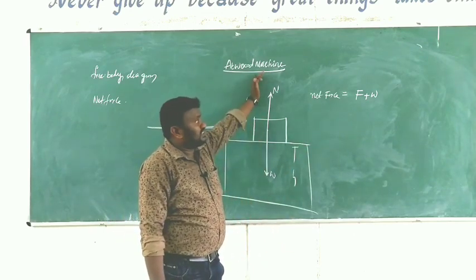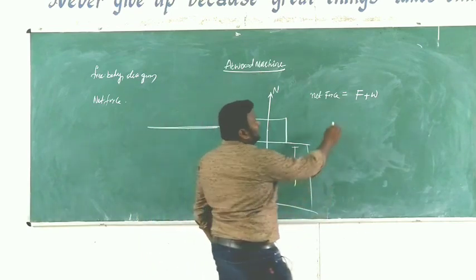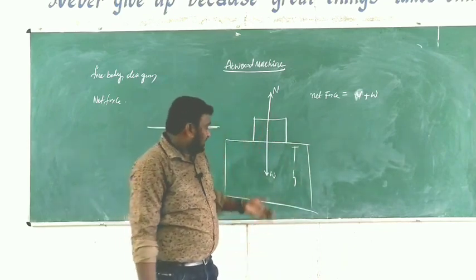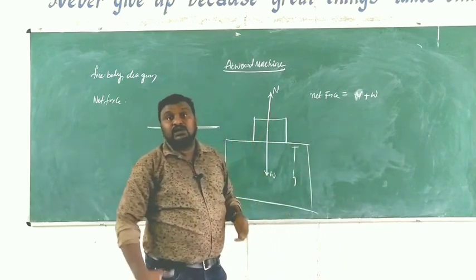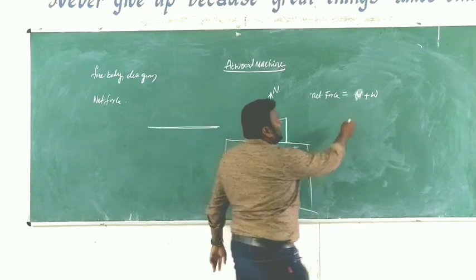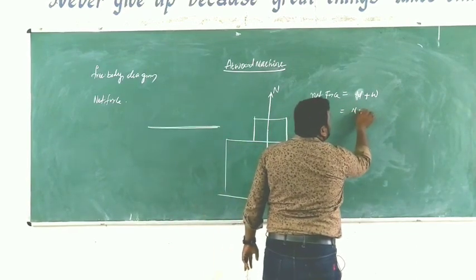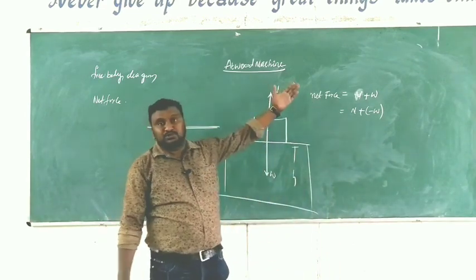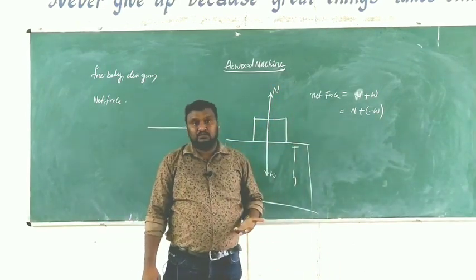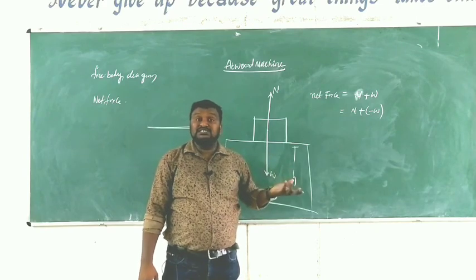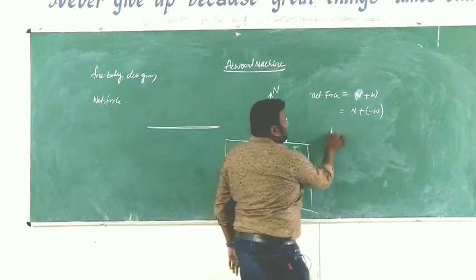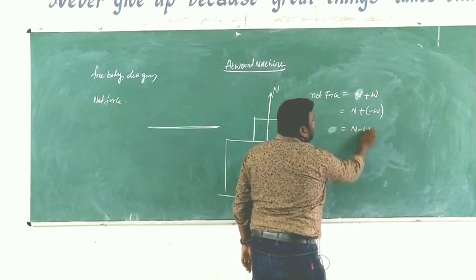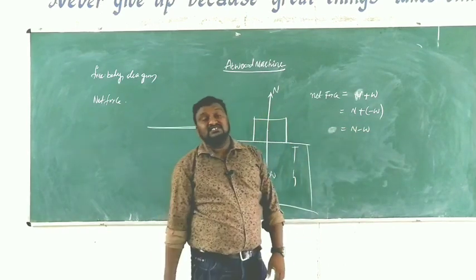N is in the upward direction and W is in the downward direction. If one of these is positive, then the other is negative, because both are in opposite directions. N is positive and W is negative. That's why the net force is equal to N minus W.